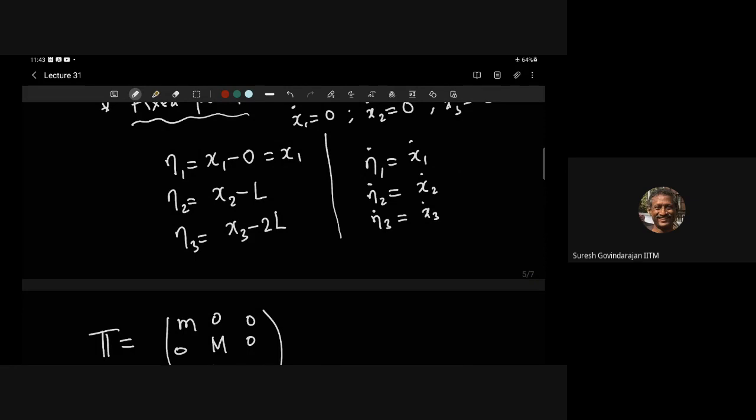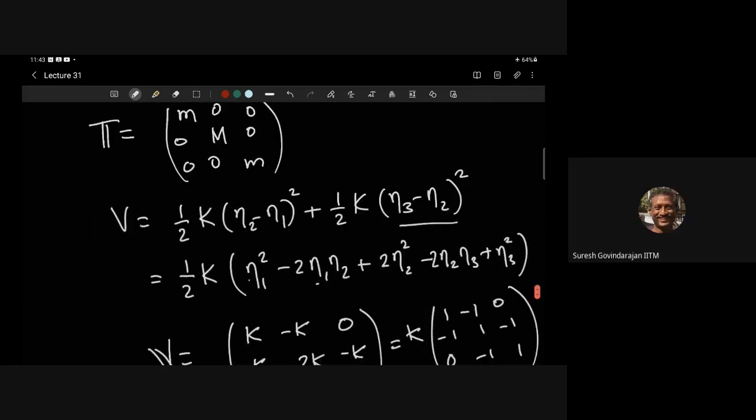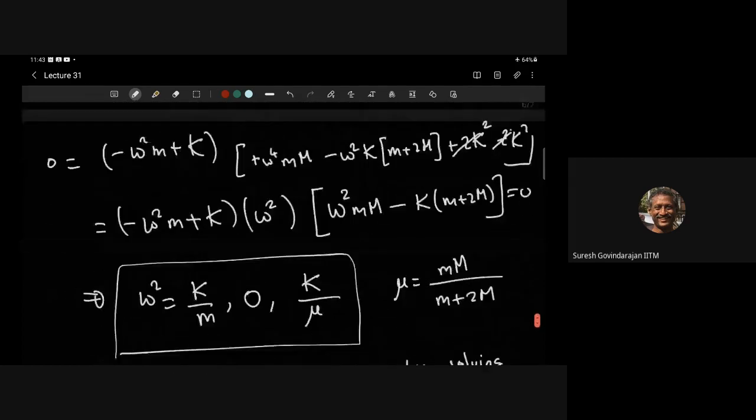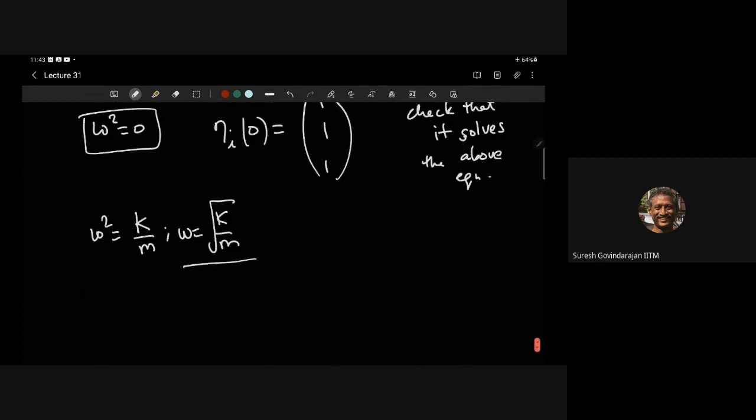You're hanging a particle, a mass m, little m, from a spring with spring constant k. What is the natural frequency of that? Root k by m. Right, which is exactly this number. Correct?